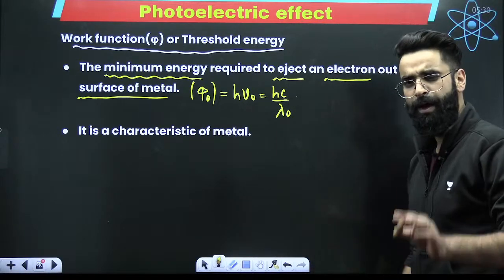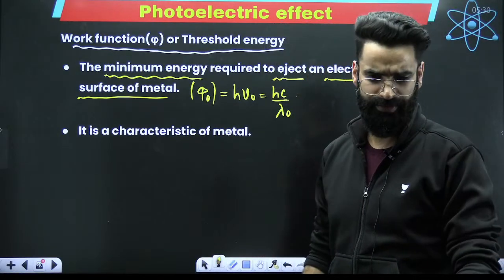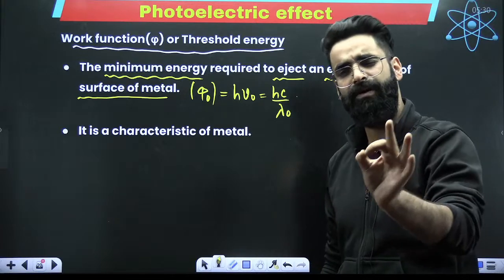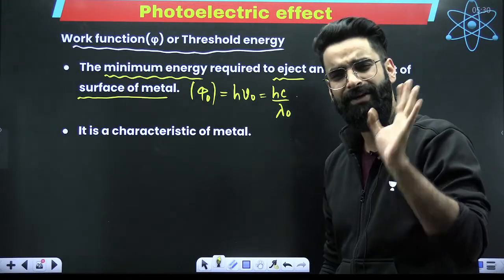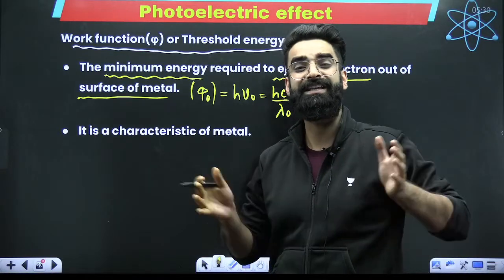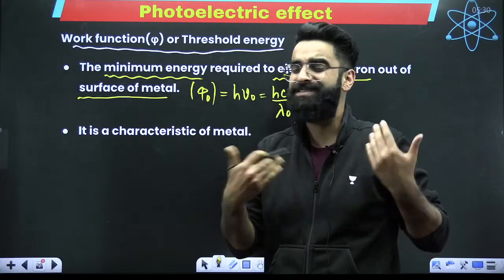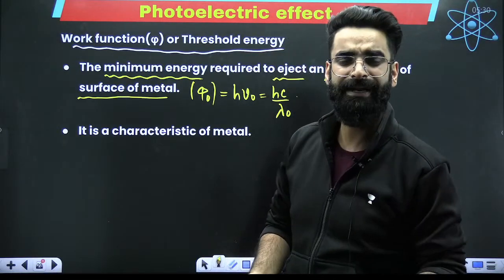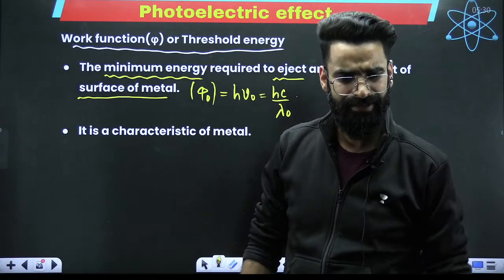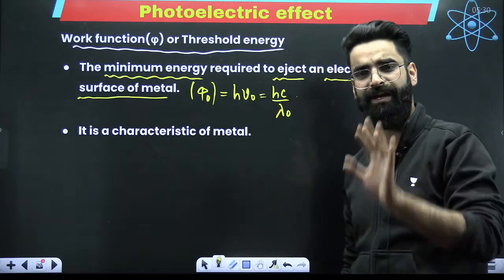Now, every metal has got a particular value of its threshold. Whatever metal surface you take, every metal surface has a particular value of its threshold energy. Some metals will have more threshold energy because there will be more force of attraction between the electron and the ions. Some metals will have less threshold energy because there will be less force of attraction between the electrons and the ions. So every metal has a particular value of work function.